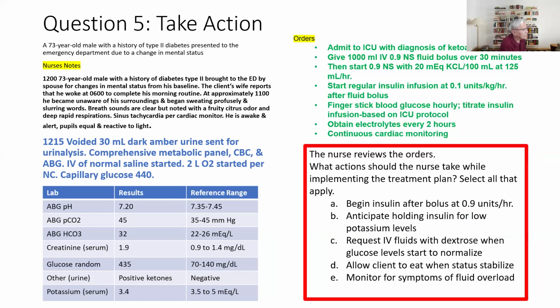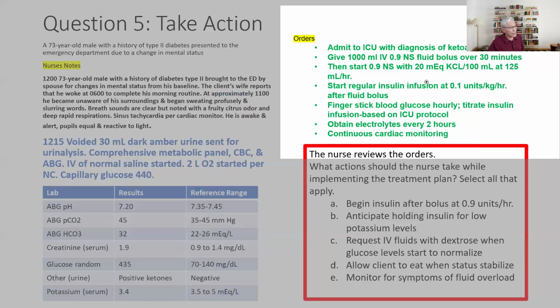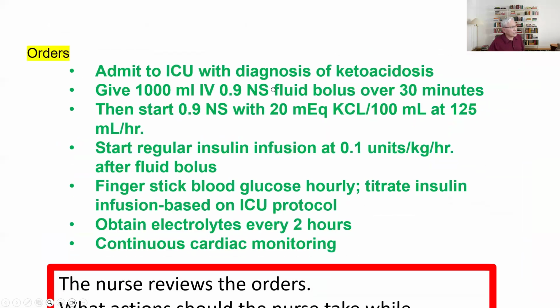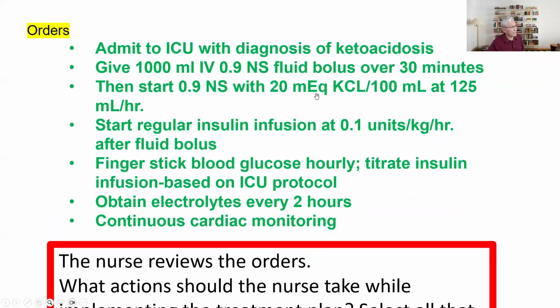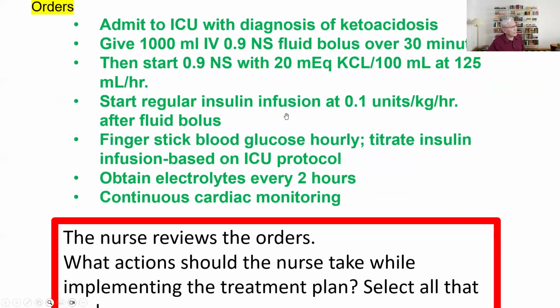At 12:15, he voided 30 mLs of dark amber urine. And the orders now are the following. Admit to ICU with diagnosis of DKA. Give 1,000 mL IV normal saline over 30 minutes. Then start normal saline with 20 mEq of K at 125.